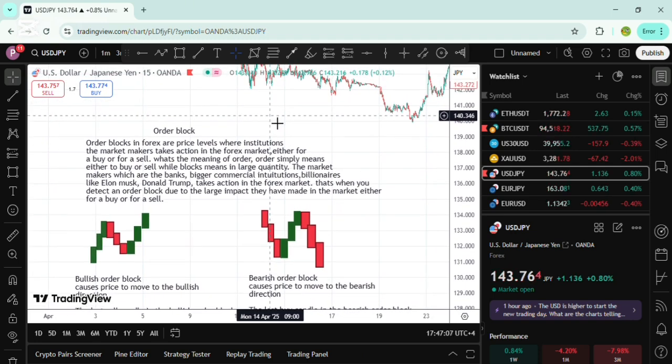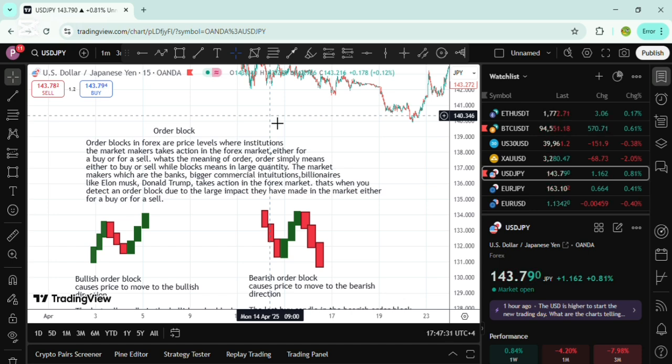Order blocks in Forex are price levels where institutions, the market makers, take action in the Forex market, either for a buy or for a sell. What is the meaning of order? Order simply means either to buy or to sell. Blocks means in large quantity.